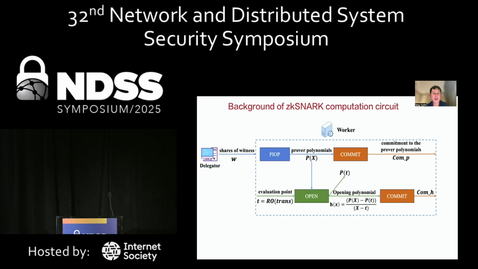First, the worker takes a witness W as the input to the PIOP, and after PIOP computation, it generates several prover polynomials p(x). Then it commits to the prover polynomials and generates the commitments to the prover polynomials.